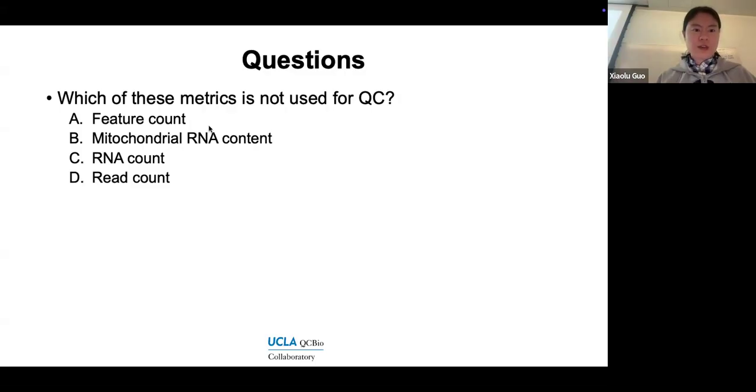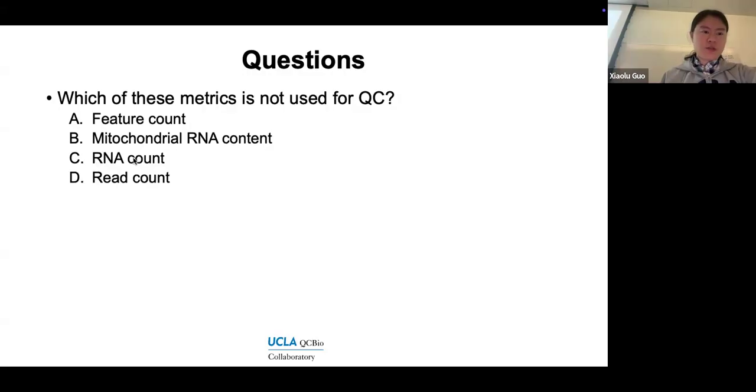So we also use that as a quality control metric to exclude those dying cells because they can mess up our analysis. And C, what is RNA count? The UMI count, right? And yes, that accurately reflects what was originally measured of the mRNA in that original cell.